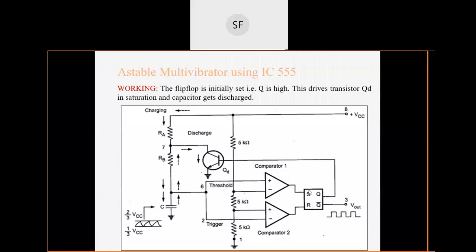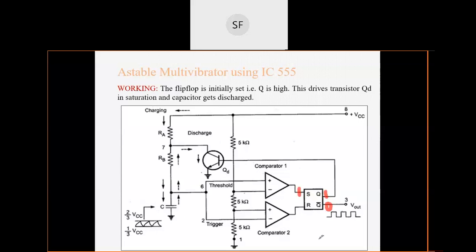That is, what will be the output then? Anyone? What will be the value of Q and Q bar if this flip-flop is in set mode? The value of Q is 1 and Q bar 0. Yes, very correct. Very good. So the value of Q will be 1 and Q bar will be 0.